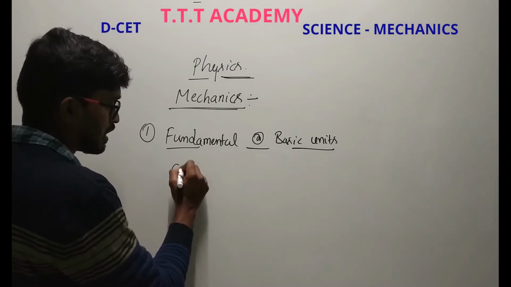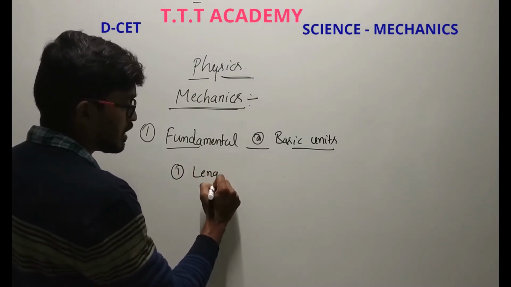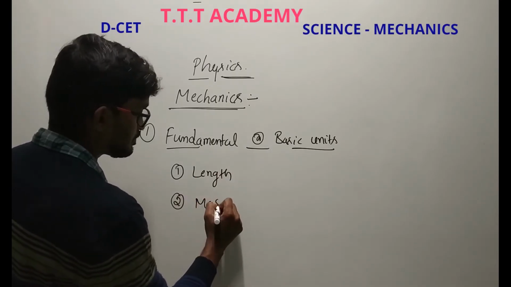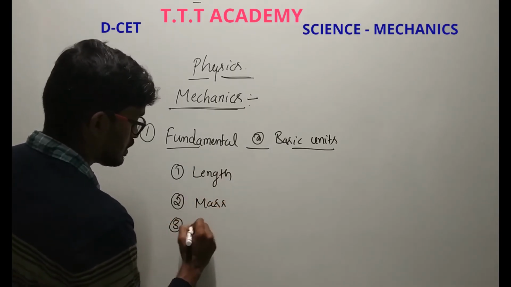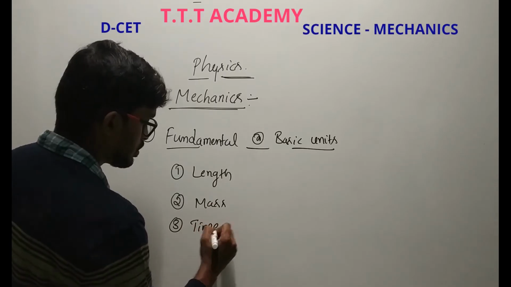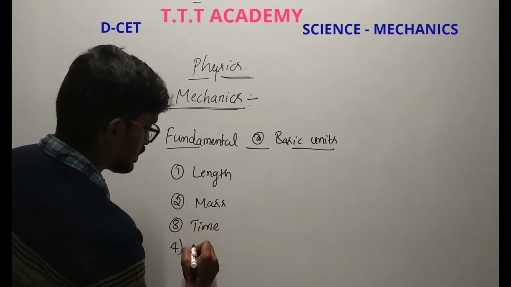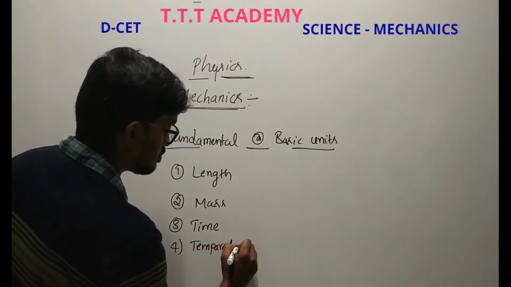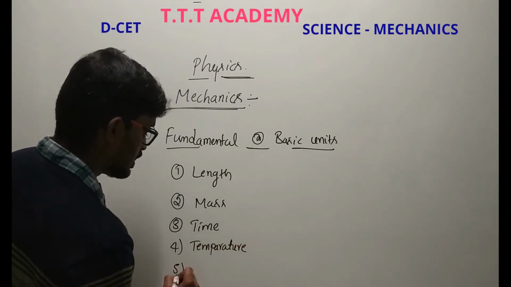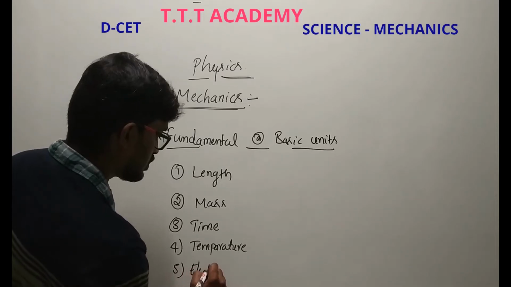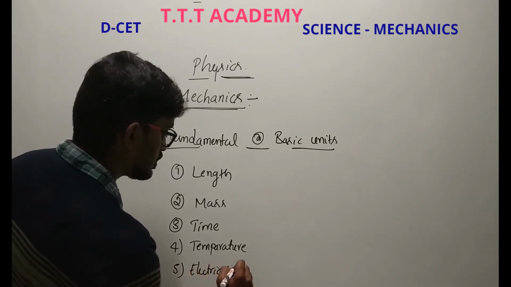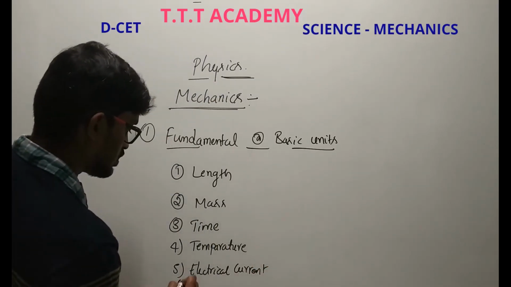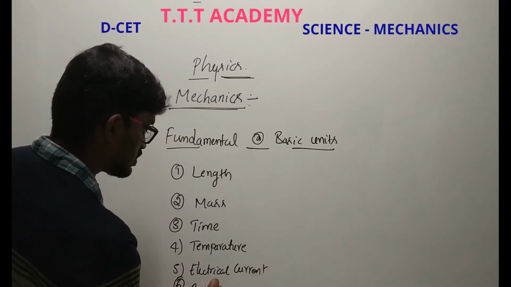There are seven fundamental units. The first one is length, second is mass, third is time, fourth is temperature, fifth is electrical current, and sixth is amount of substance.